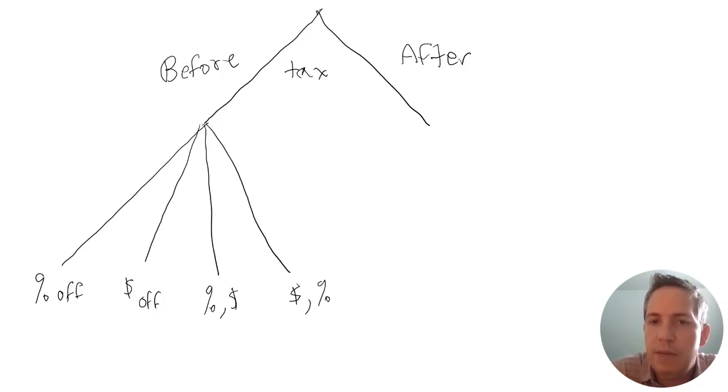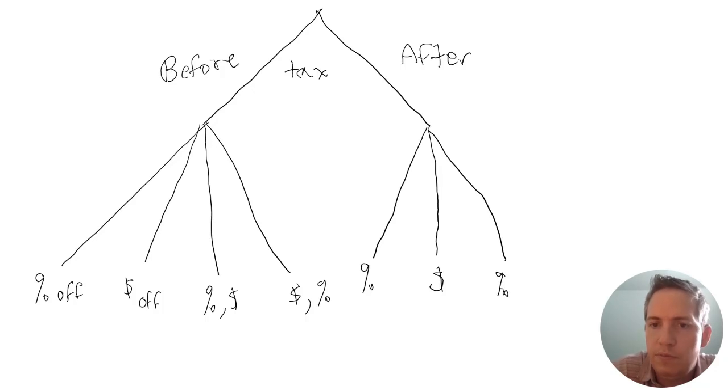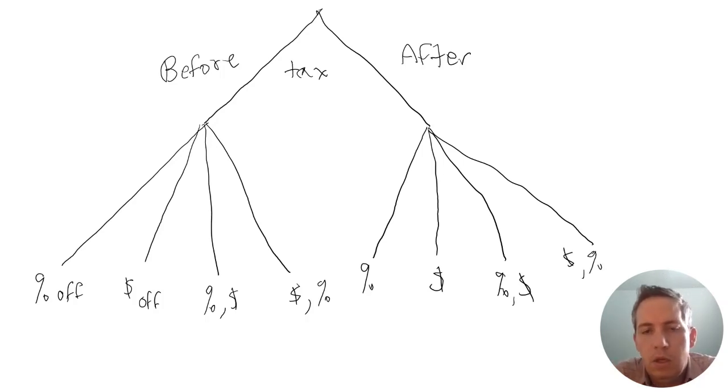And the same thing could happen over here with the after. You could have a percent off, a dollar amount off, the percent before dollar amount off, or the dollar before percent off. So we've got 8 different formulas that are going to tell us what we're supposed to have.